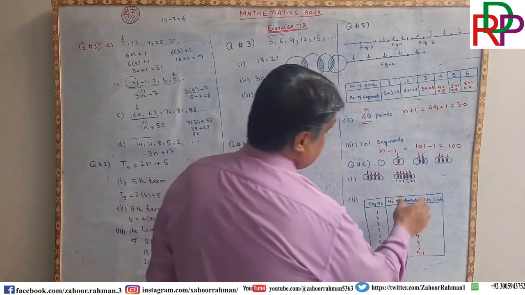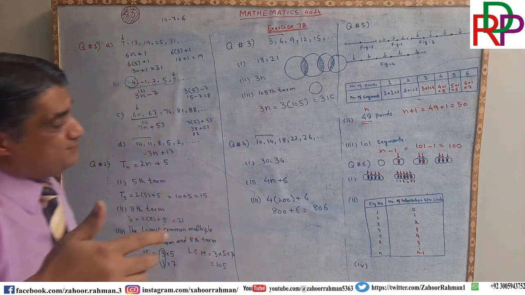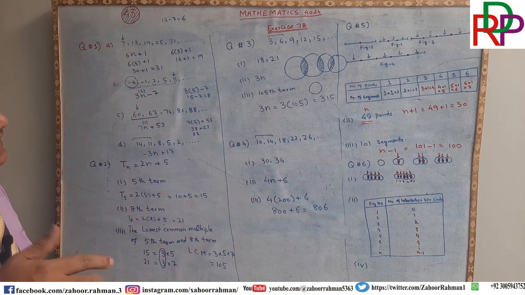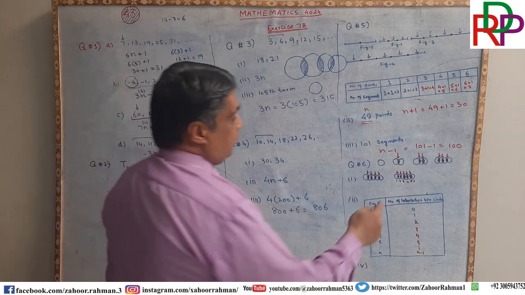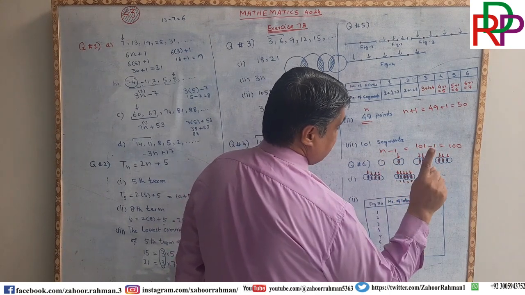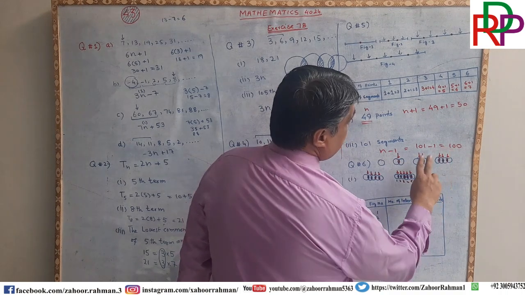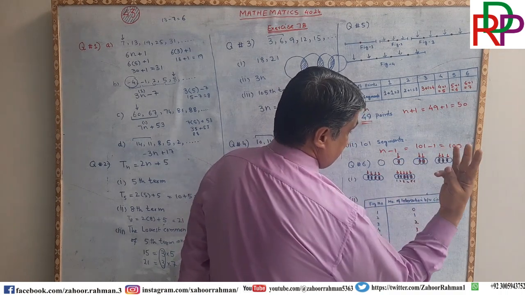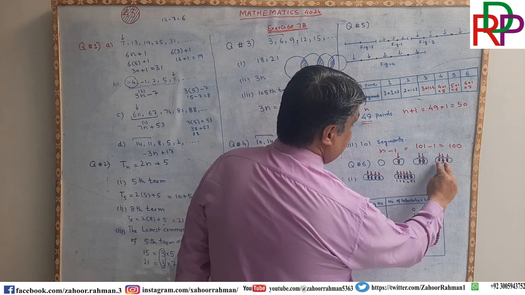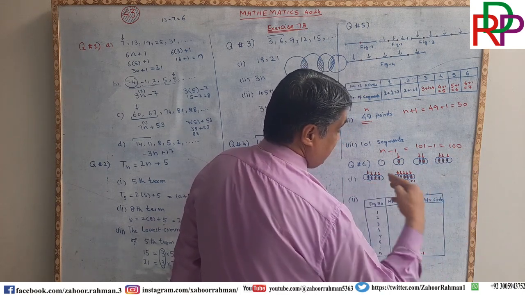They gave us intersections, so let us elaborate it in another way. Zero intersections mean one circle. One intersection means two circles. Two intersections mean three circles. Three intersections mean four circles. Four intersections mean five circles.